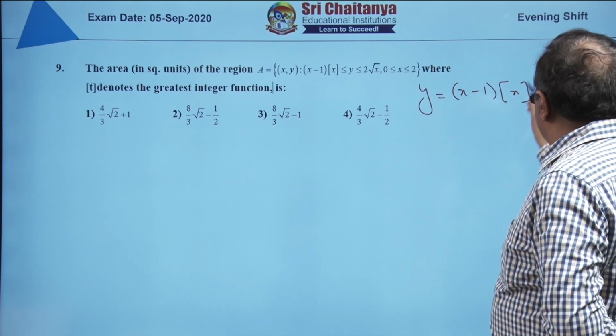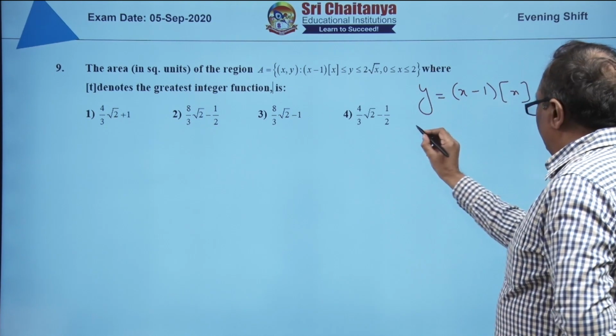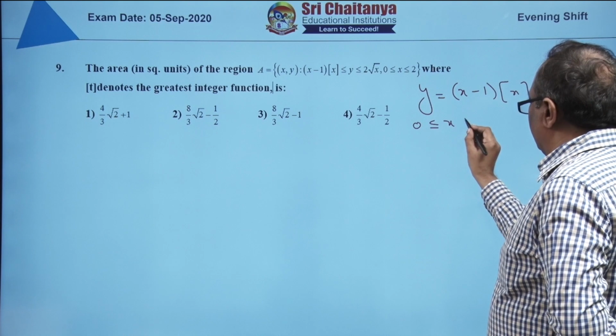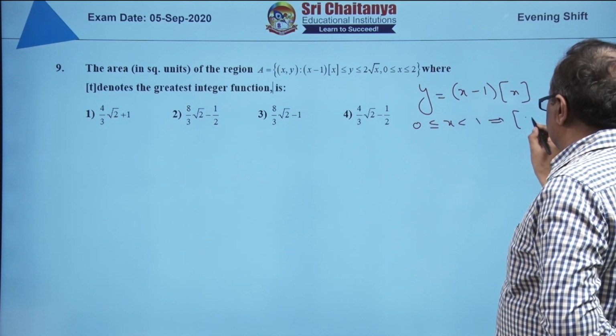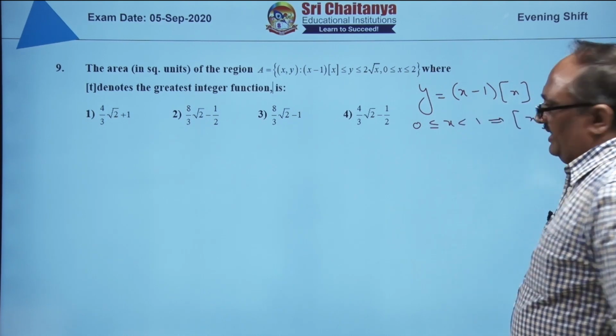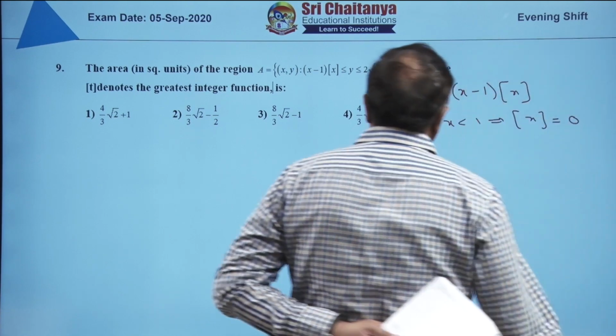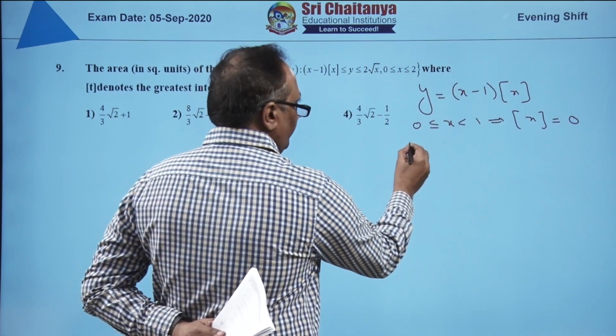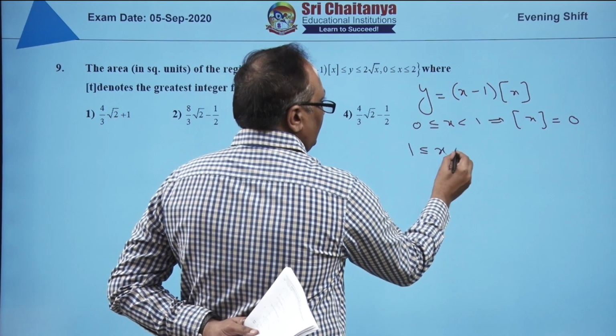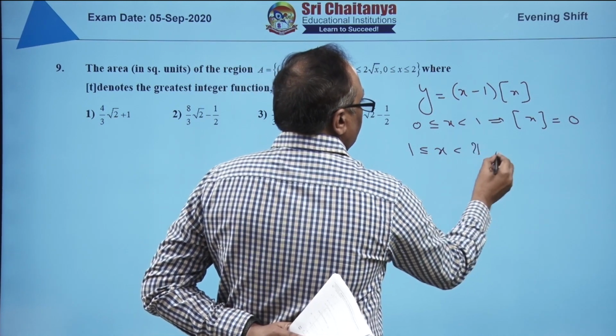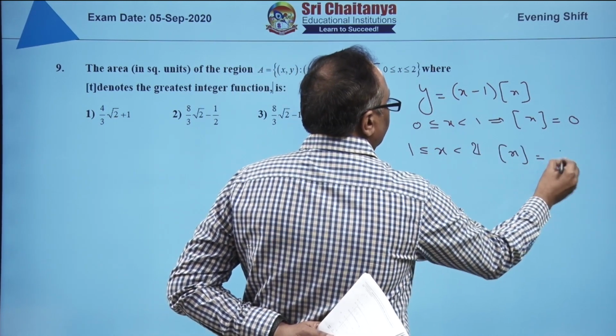When x lies between 0 and 1, step x becomes 0. And when x lies between 1 to 2, 1 less than or equal to x less than 2, step x value becomes 1.